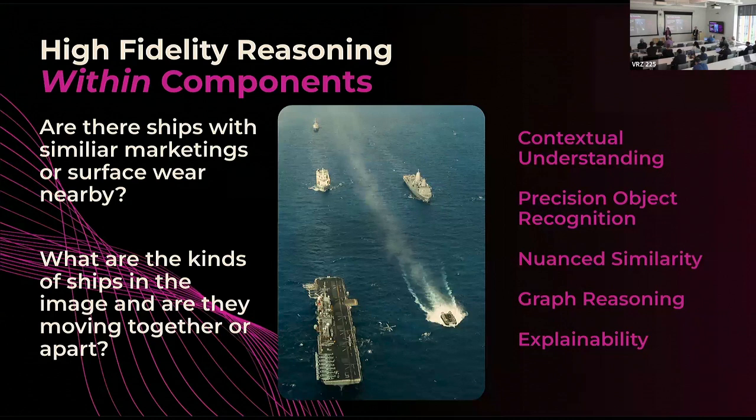Are they moving apart? Is one taking over another or advancing? And so it gives us an ability to do very robust contextual understanding. How are placements? What are movements? What speed are things potentially? It also gives us very precise object recognition, as you can imagine, because you're looking at not just, is it a similar vector, but is it in context?